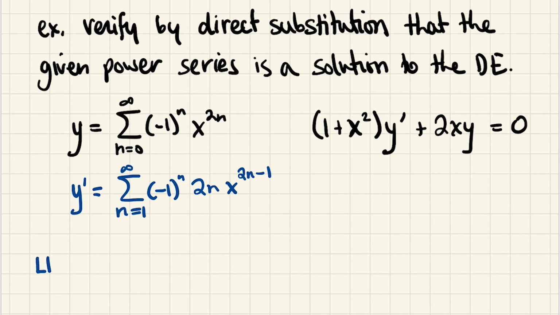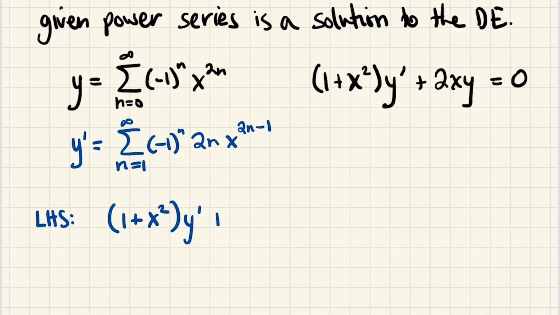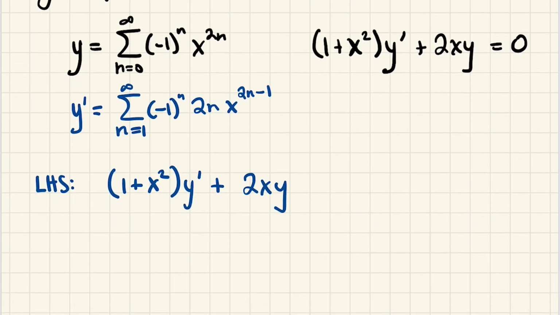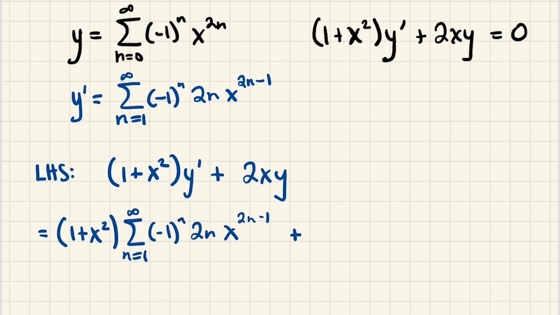So, of course, we're going to work on the left-hand side of our differential equation. So we have this, which is equal to, well, let's insert y prime. That would be this particular series here. And we're adding to that 2x times y, which is this series.